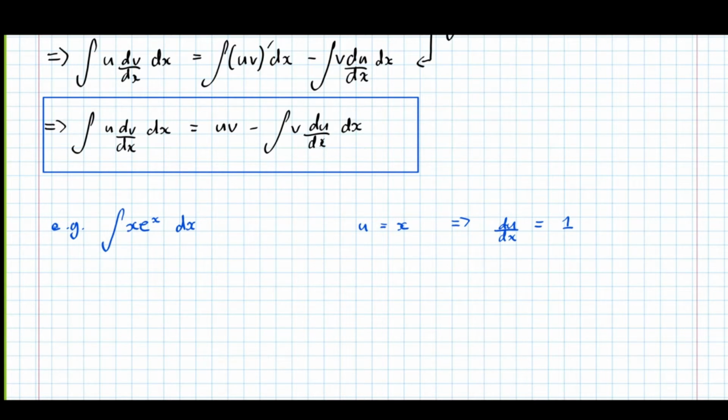And our dv by dx, the second thing, equals e to the x, which means that v, if we integrate that to get v, equals e to the x.